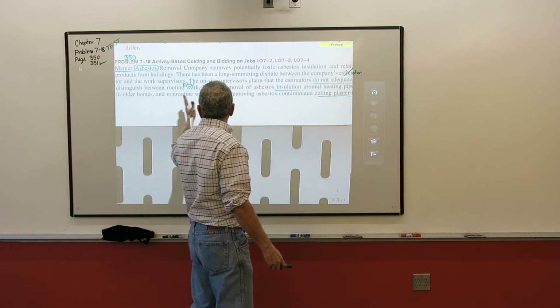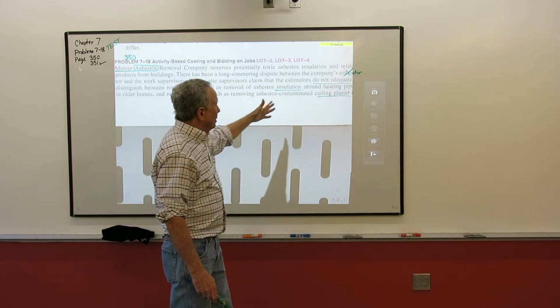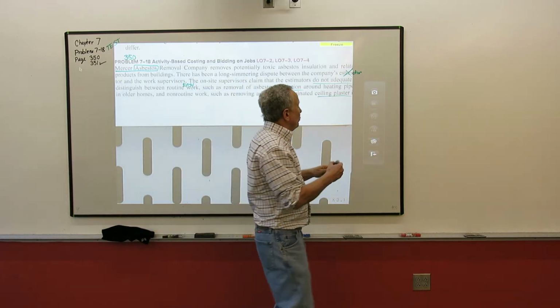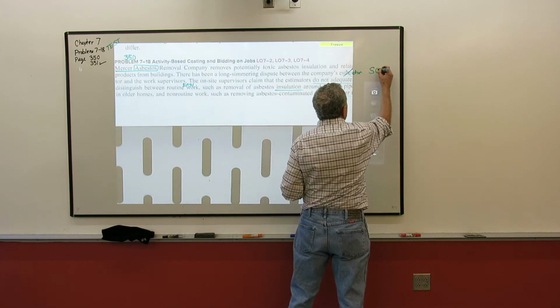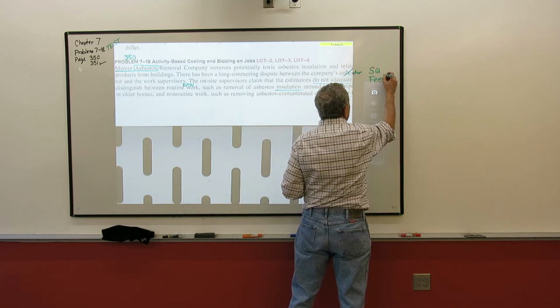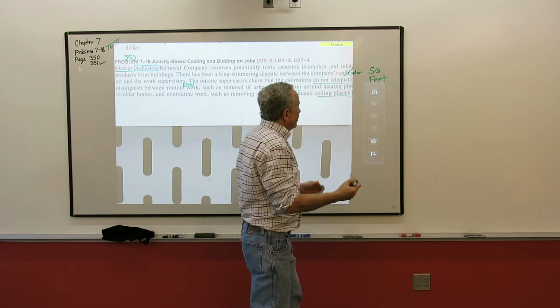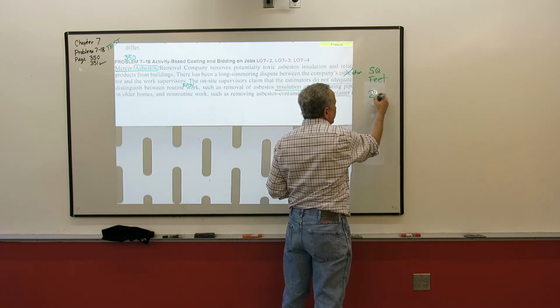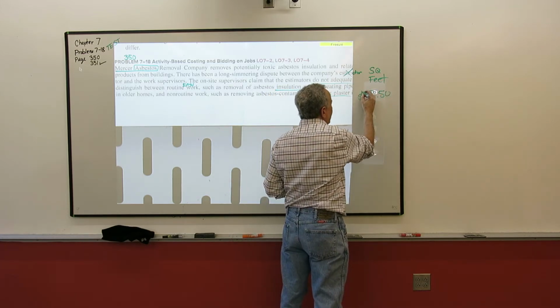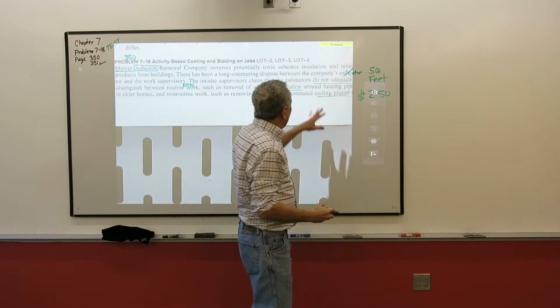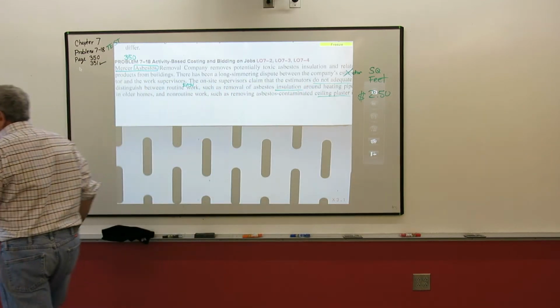And the estimator says, oh, I don't really take that into account, because the estimator just really uses, guess what, square feet. In other words, the estimator goes in there and says, it's square feet. We're going to find out on the second page of this problem, he bills it out at $2.50 for every square foot. All right, now I have to go to the next page of this.